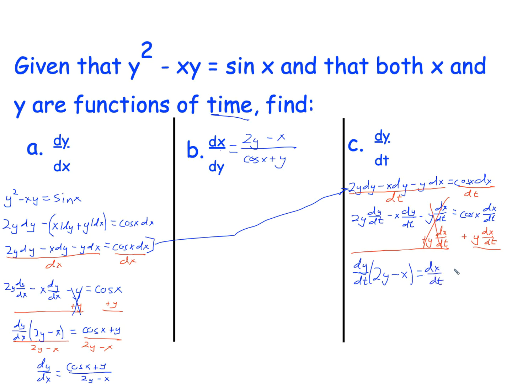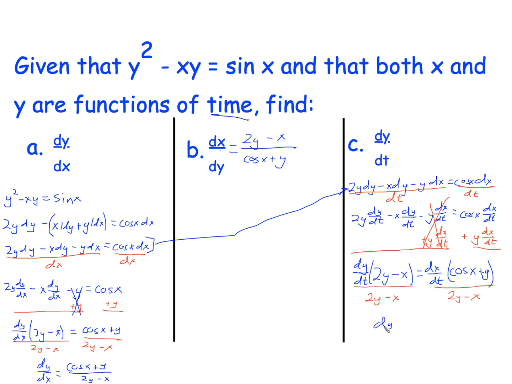We will do some moving around here shortly, and then times cosine x plus y. And now we'll divide both sides by 2y minus x, because we want to get this dy/dt by itself. And let's finish this up.